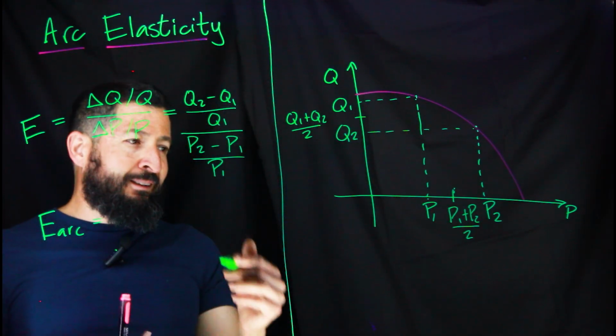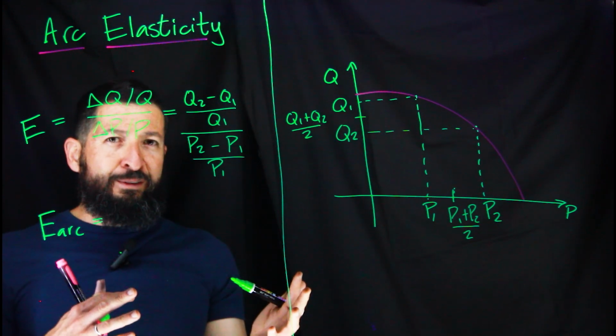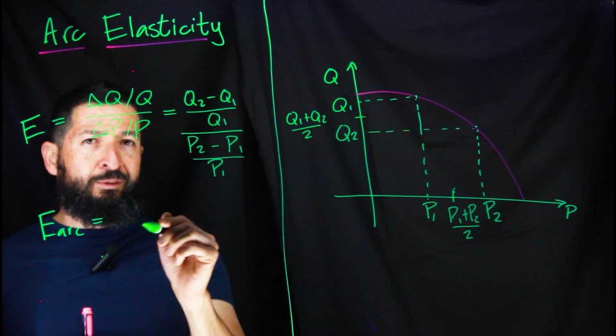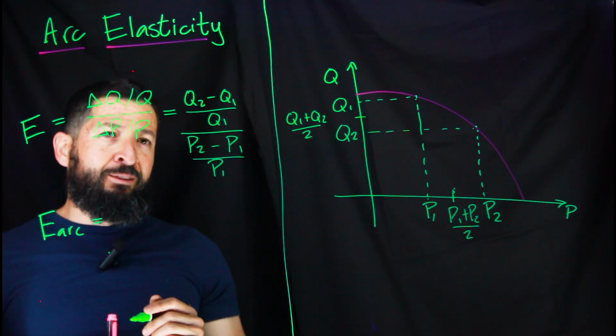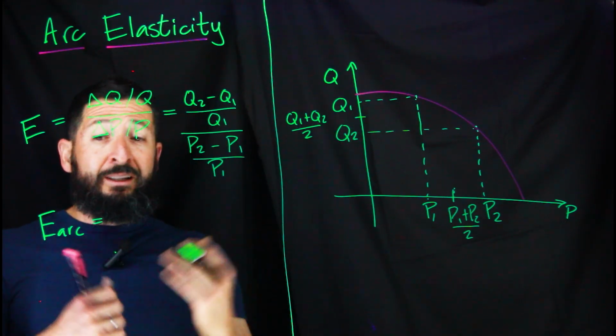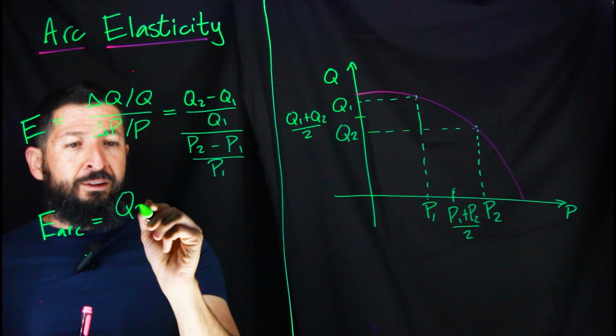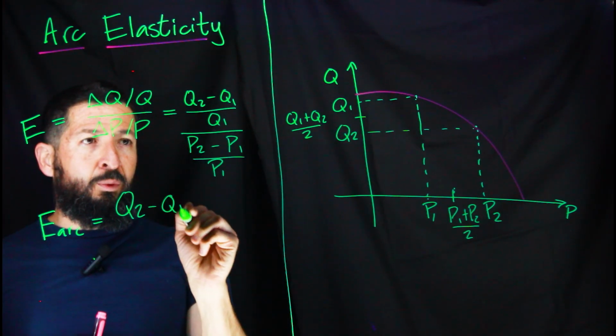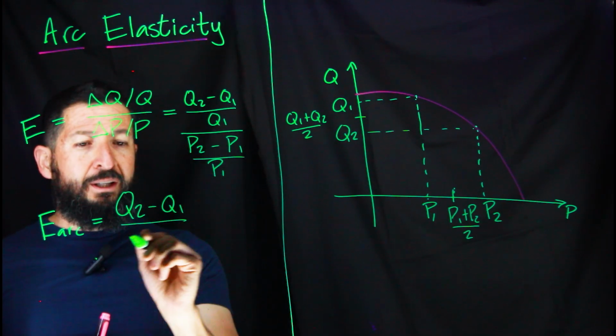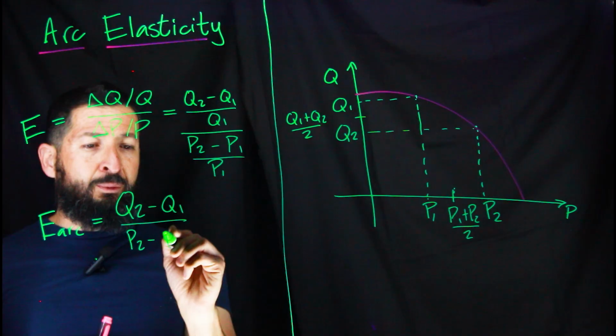But in a sense, it is a little bit off from what we did in the previous video, because in the previous video, we put a negative in front of the derivative sign to force that elasticity to be positive. Anyhow, we have Q2 minus Q1. I'm going to keep this one over here, P2 minus P1.